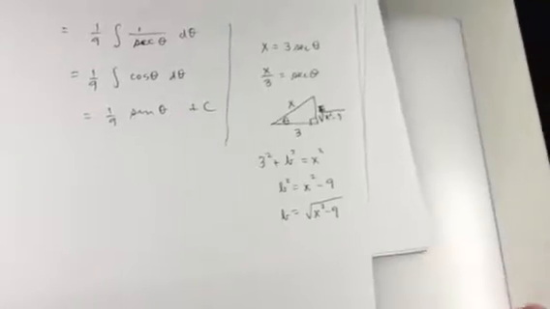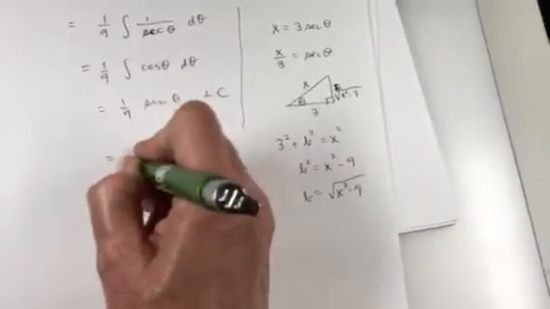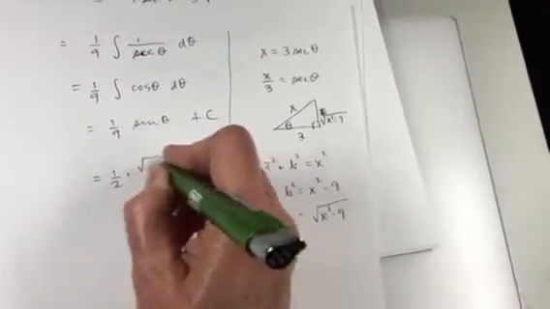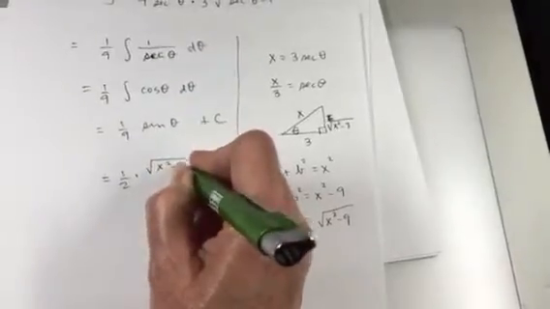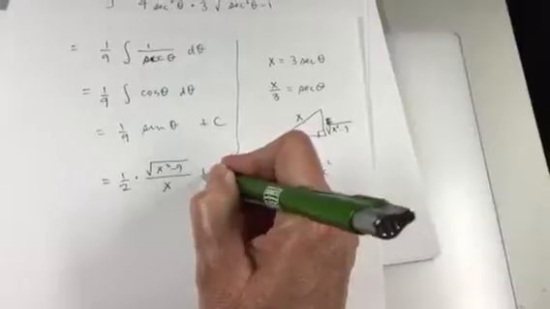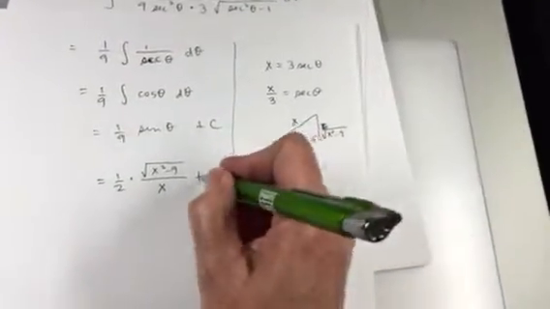All right, so now from the triangle, I can read what sine is. Sine is opposite over hypotenuse, so that's the square root of x squared minus 9 over x. It should be 1/9, thank you.